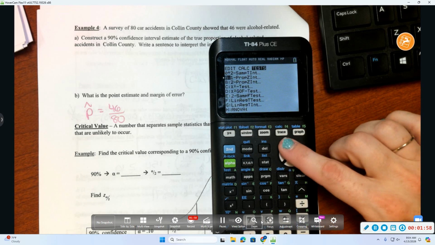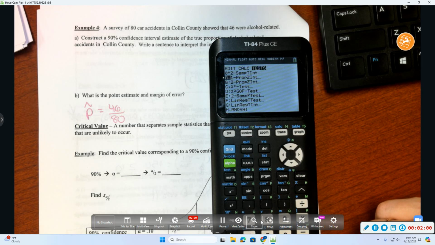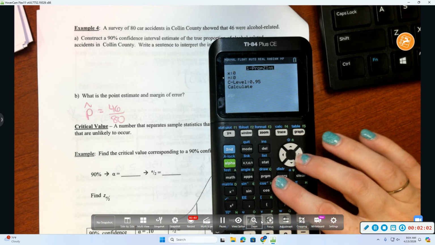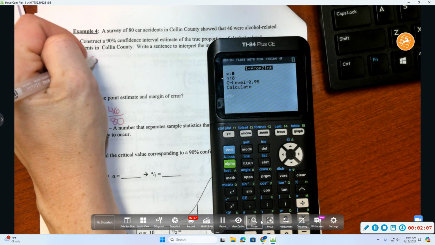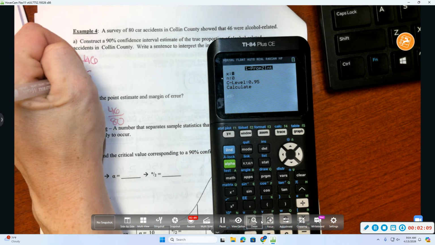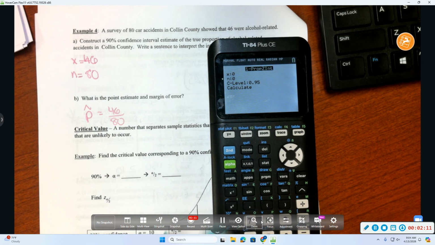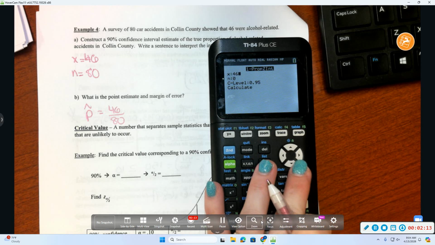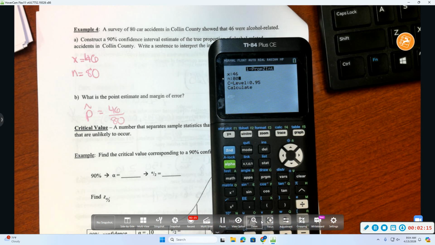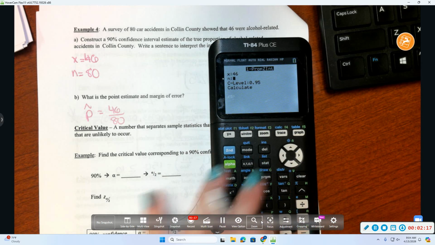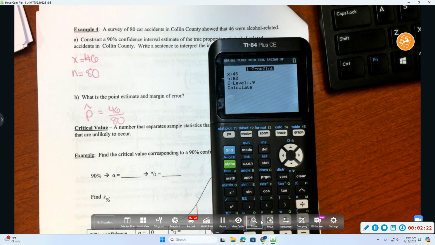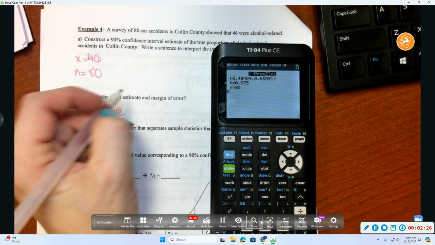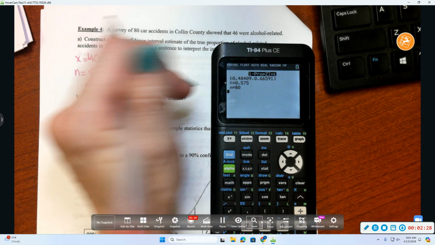Remember, we're going to 1-proportion z interval, so A. We type in our x value, which is 46, and our n value, which is 80, because we're talking part over whole like we always do. And then we want a 90% confidence level, so make sure you change that to 0.9. Run your calculation. It gives us our p hat and our n.